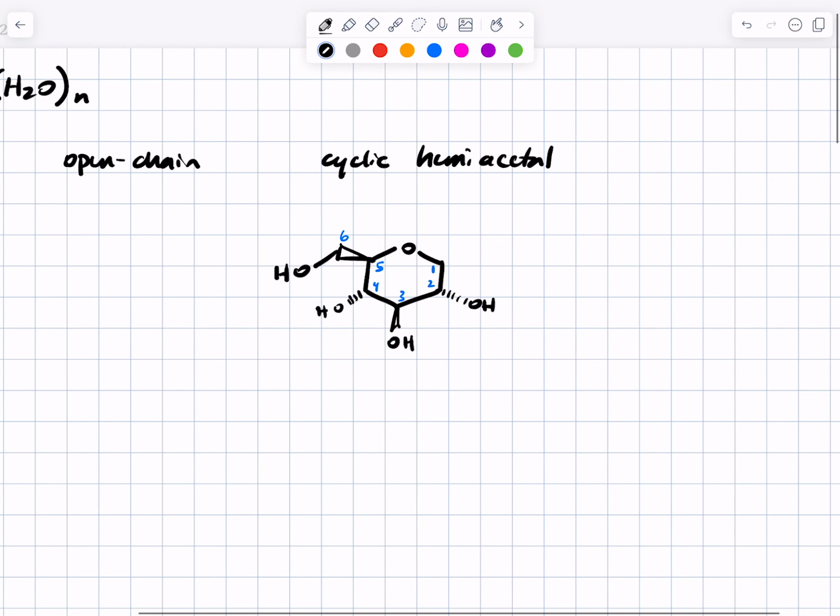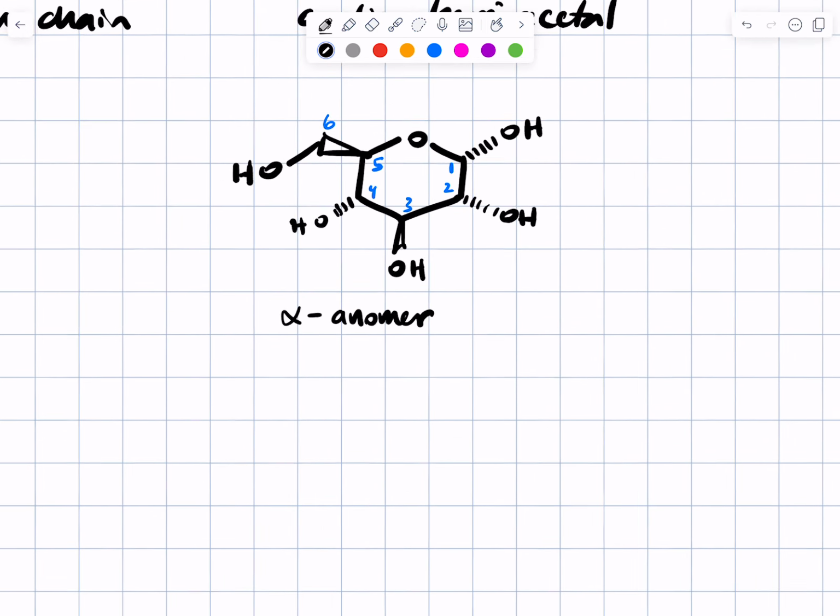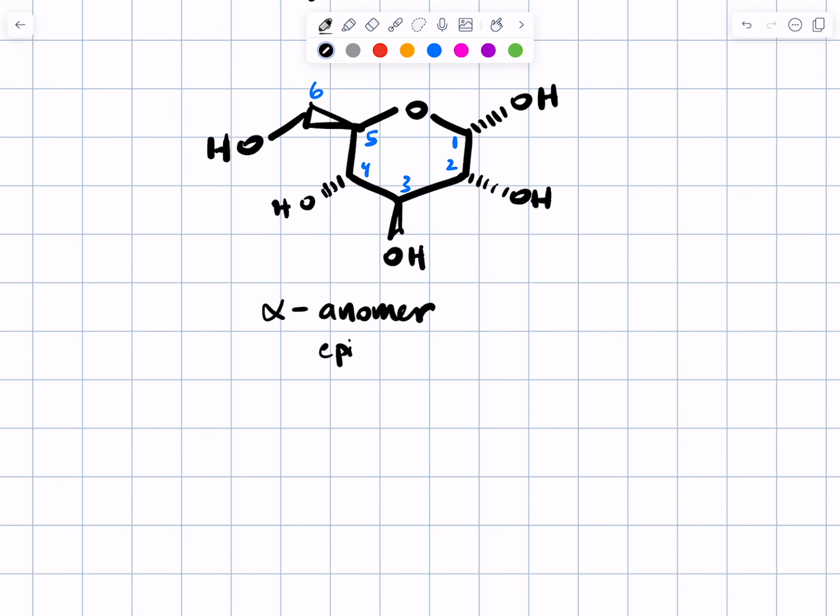On carbon 1, there are two options. One is for the OH on carbon 1 to be a dash, and this is the alpha anomer of glucose. Anomer is another way of saying epimer or diastereomer.